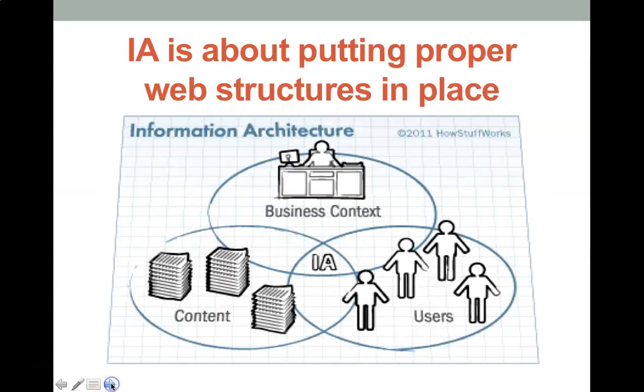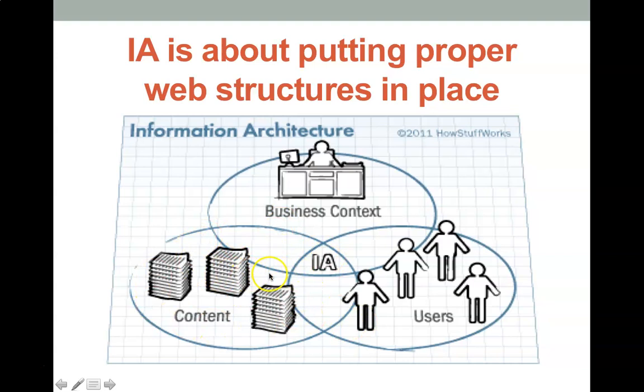So information architecture is about putting proper web structures in place. You can see here in front of us a quite commonly used graphic. If you Google information architecture images, you'll see different variations of this, where information architecture falls really in the middle of the combination of the business context, which is the overall context of the business, and of course we've discussed context in our digital marketing strategies in the earlier videos.